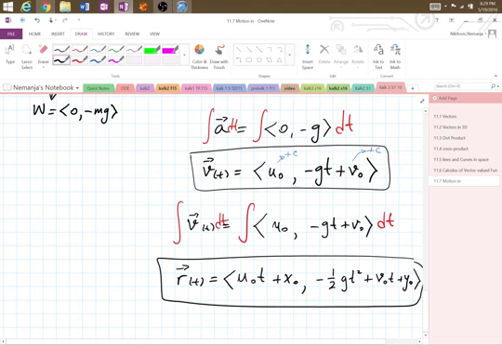As I said, you know both of these formulas from physics. Now we just put them together into a single 2D vector, and we call it the vector valued function for position. And done deal.